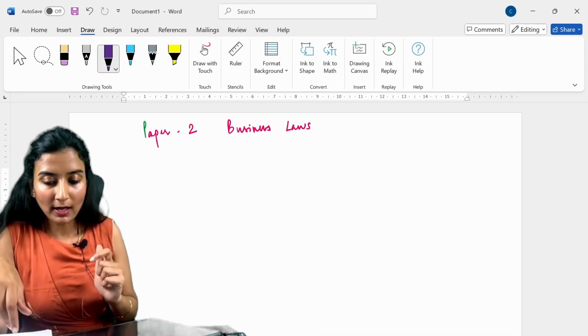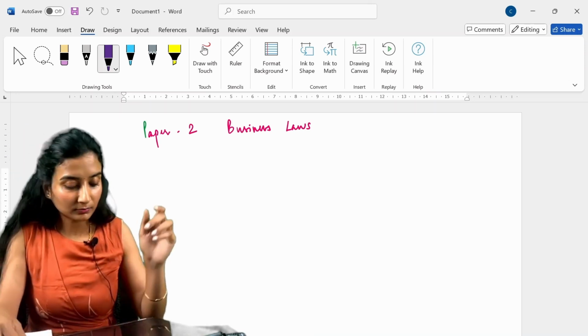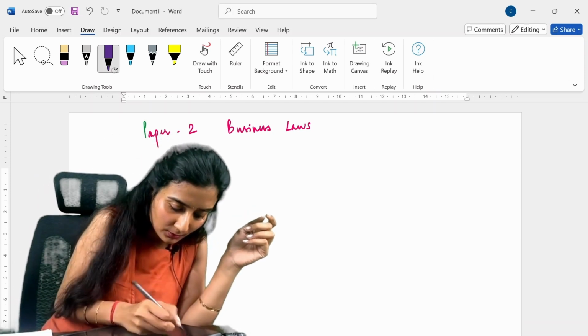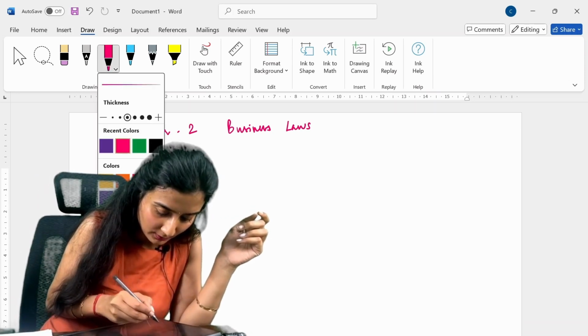And here you have the Indian Contract Act.